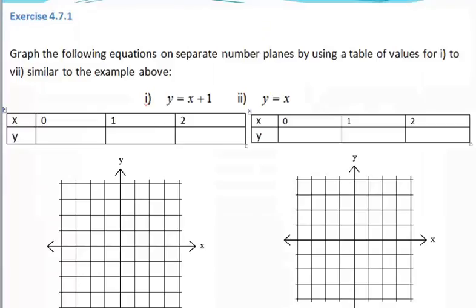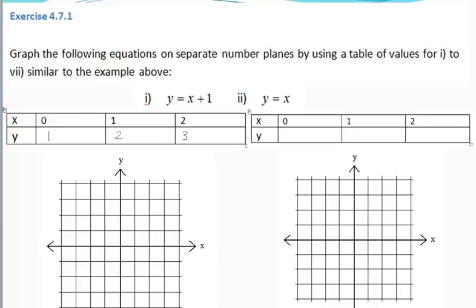So we have exercise 4.7.1. We want to graph the following equations on separate number planes by using tables of values, similar to the example that we went through. For our first example, we have y is equal to x plus 1. So 0 plus 1 is 1, 1 plus 1 is 2, 2 plus 1 is 3.